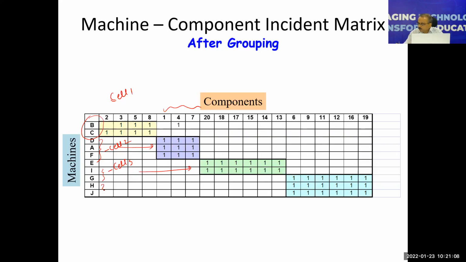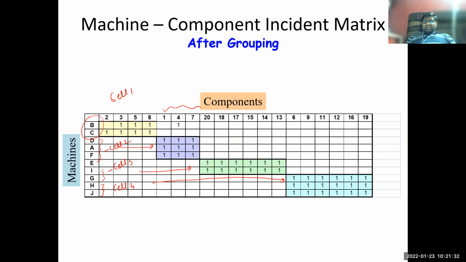And we can have a cell of machine 4, which can process this particular set of components. So based on the similarity or certain characteristics by which we can group these components, we can form a set of machines, and based on that, the processing can be carried out.